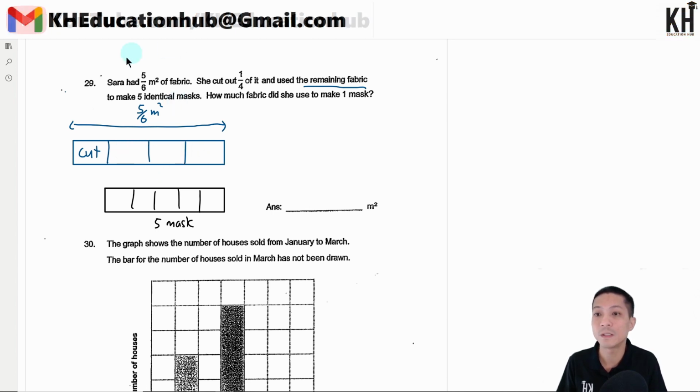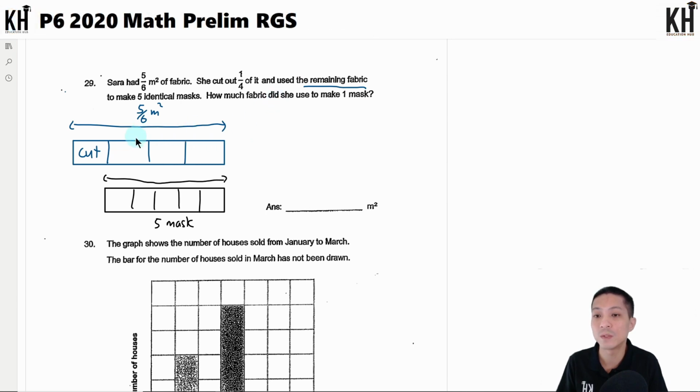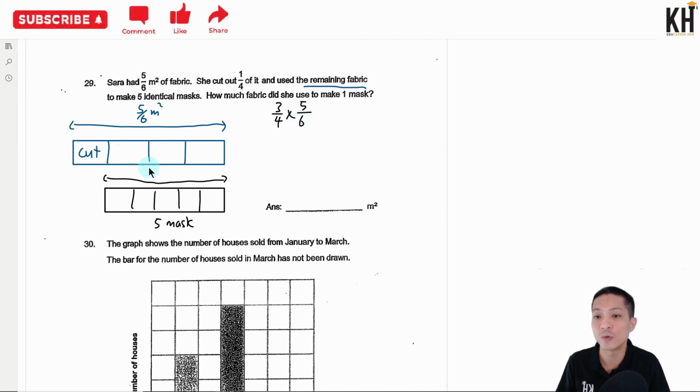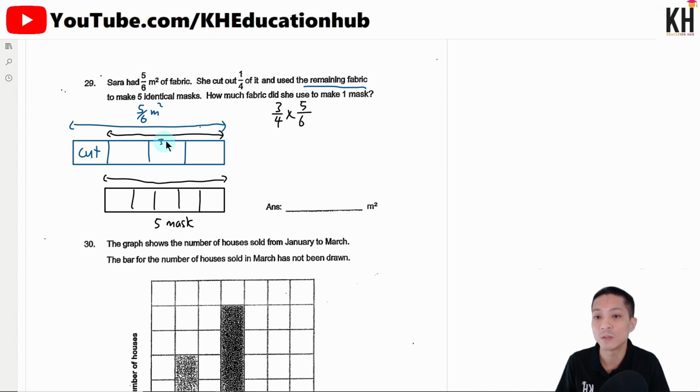Okay, so the first thing I need to find is, from here to here is how much fabric, right? So the first step that I need to use is 3/4 times 5/6. Okay, because here to here is 3 out of 4. Okay, do your reducing.